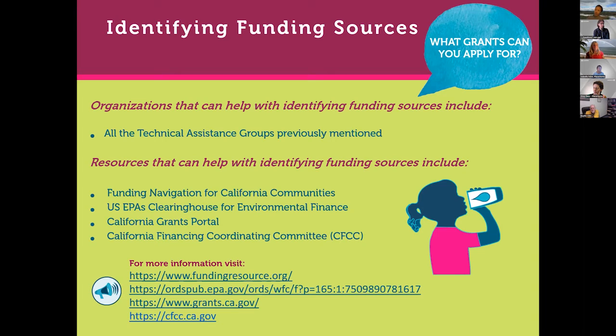Laura, you're unmuted. Did you want to talk about some of this? Sure, thank you. If you're fairly new to tracking grants and looking for funding, one of the best things you could do to start is go to grants.ca.gov, since that includes a lot of the federal grants as well, and do a query.